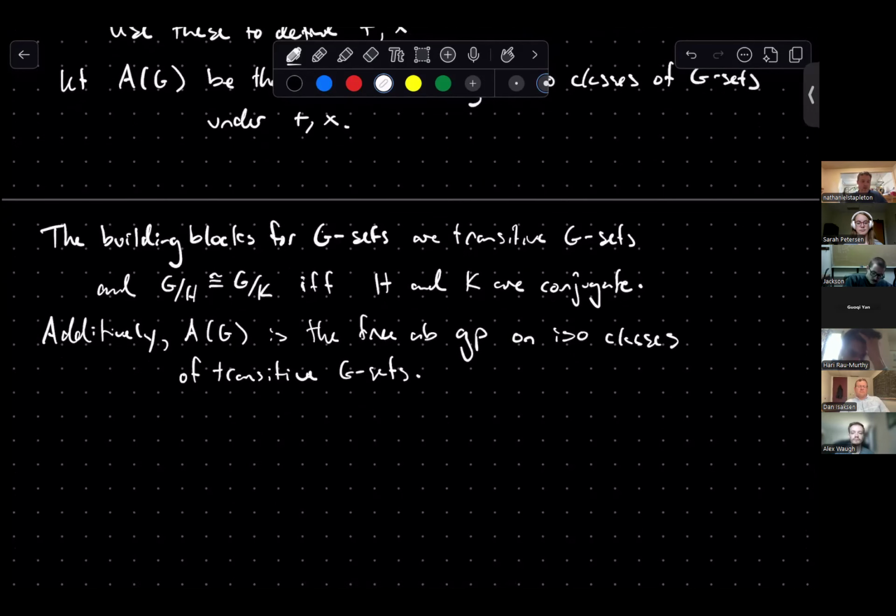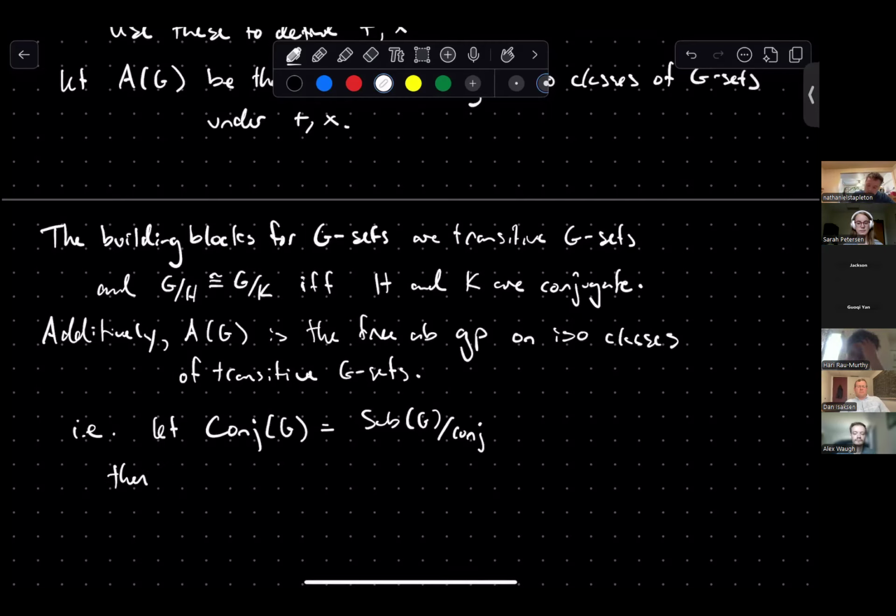And I just want to say this one other way, which I find helpful. So in other words, if I let conj of G be the conjugacy classes of subgroups of G, as opposed to G mod conj, which we used previously to denote conjugacy classes of elements in G, then we can write A of G as the direct sum over conjugacy classes of subgroups of G of Z supported on the isomorphism class of G mod H as a G-set.